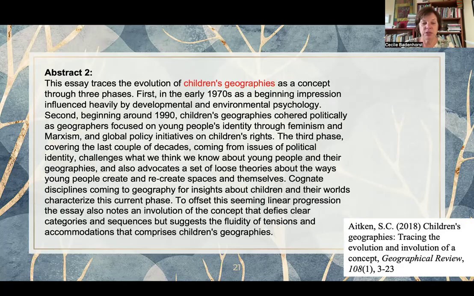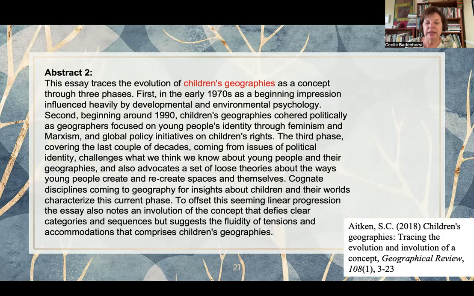Cognate disciplines coming to geography for insights about children and their worlds characterize this current phase. To offset the seeming linear progression, the essay also notes an involution of the concept that defines clear categories and sequences, but suggests a fluidity of tensions and accommodations that comprises children's geographies.